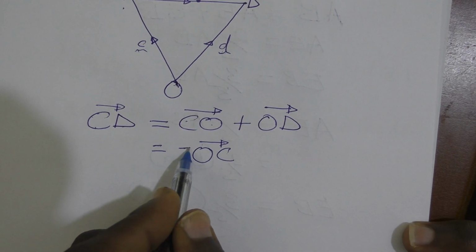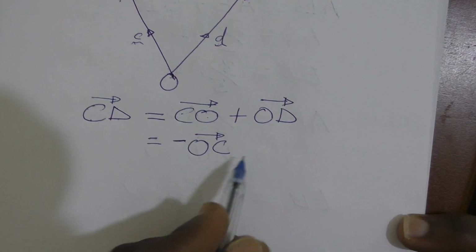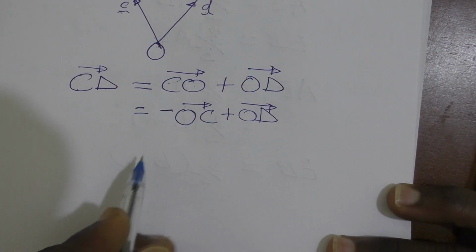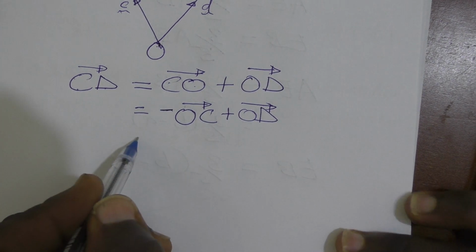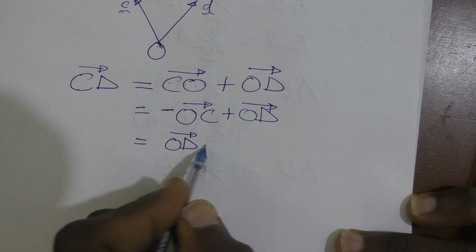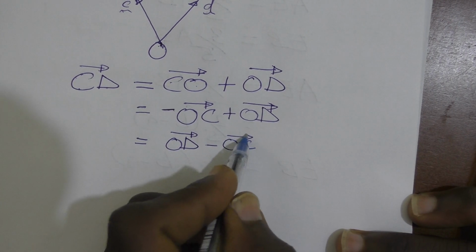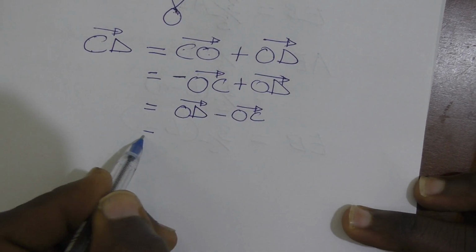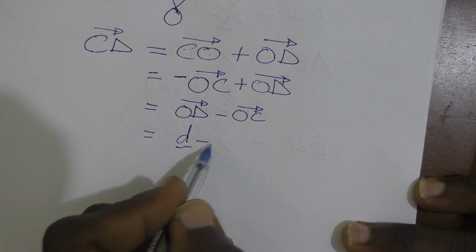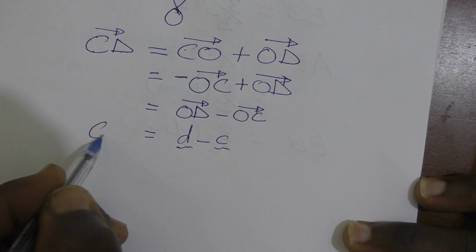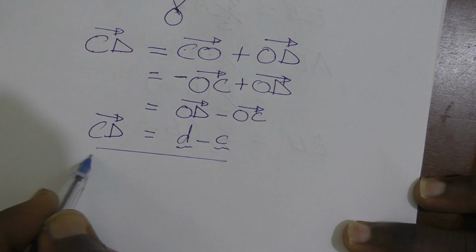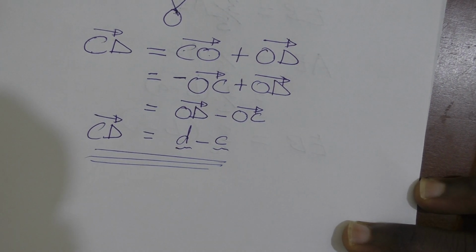So we represent that with a negative, plus OD. But if we start with OD, that gives us OD minus OC. And therefore, OD is vector D minus OC, which is vector C. And this is how we present CD in terms of C and D.